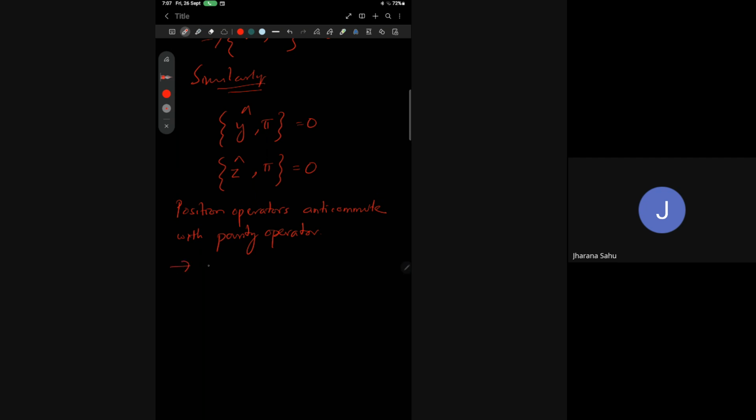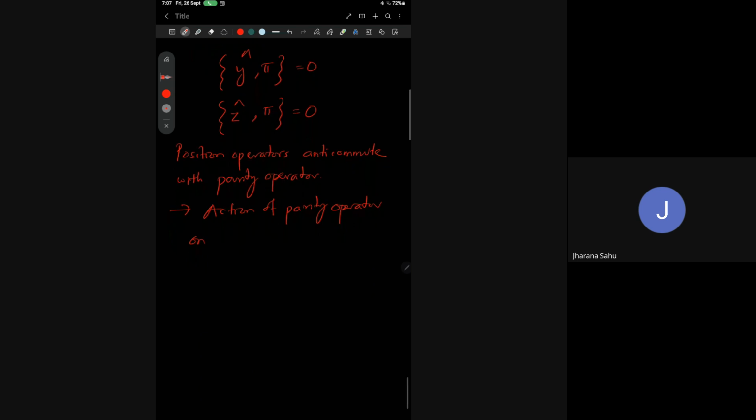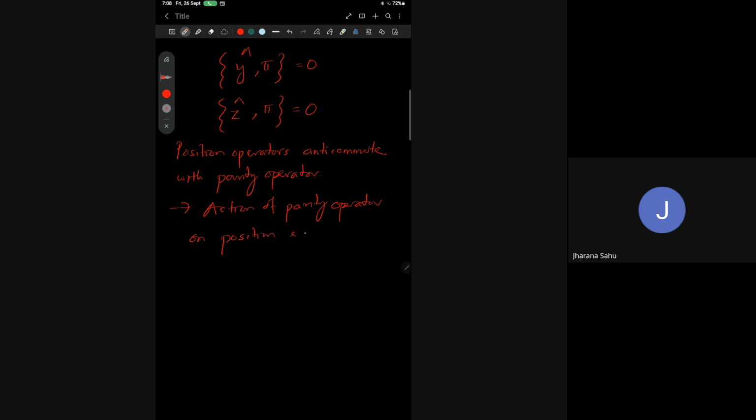What we will be interested in is the action of the parity operator operating on position eigenkets.